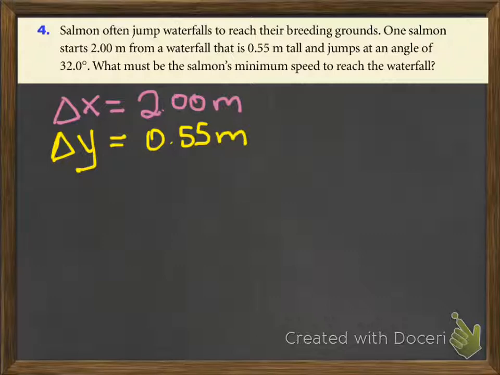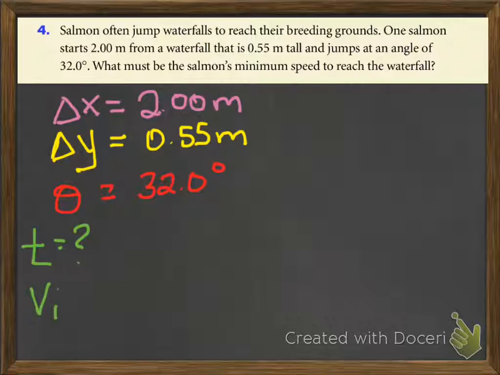And we also know we have a theta of 32.0 degrees. So how do we go about solving this problem here? Well, we are missing a few things in this problem. The first one being we do not have a time, and we do not have the velocity.